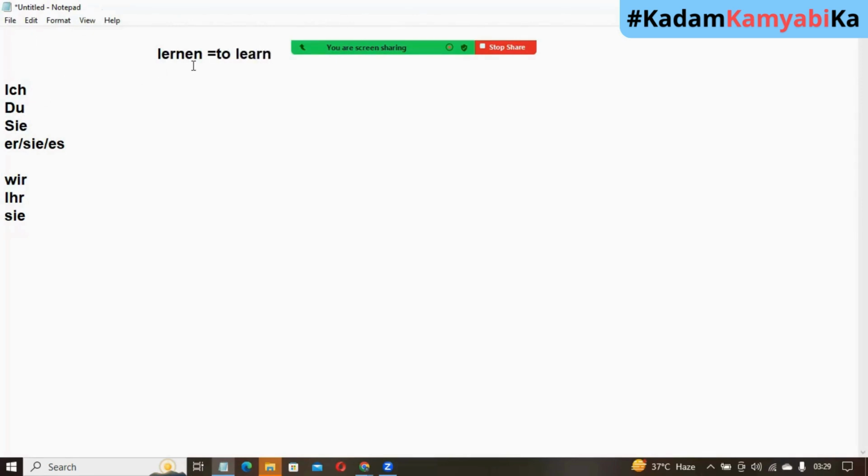So, how do you conjugate? First, cut this en and only write this lern everywhere. In front of each personal pronoun, we are going to write it. The way you see it on your screen, please write in your notebooks in the similar format.